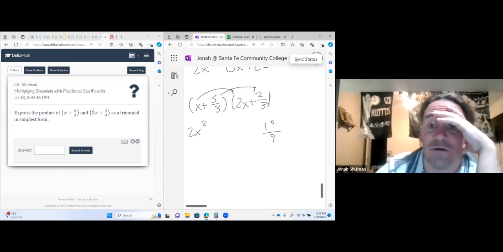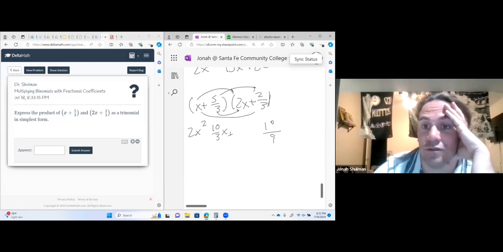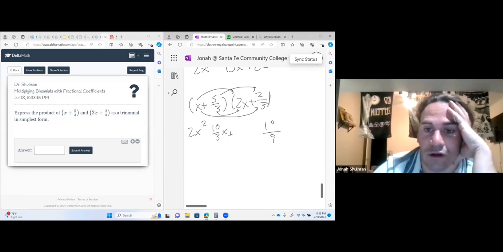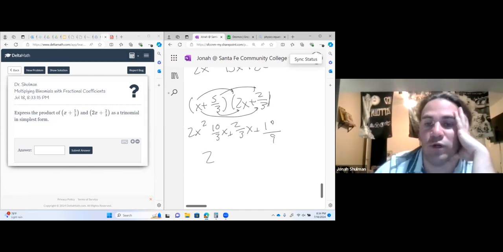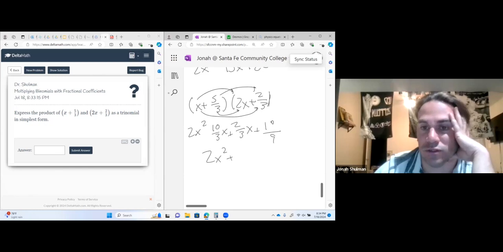The two in the middle are this one, which is 10/3 x, and this one is 2/3 x, because there's just a 1 in the front. So when we add them all up, we get 2x squared plus 12/3 x plus 10/9.